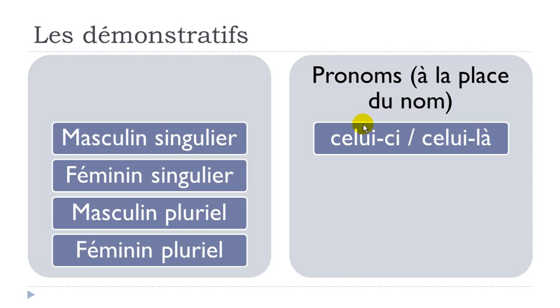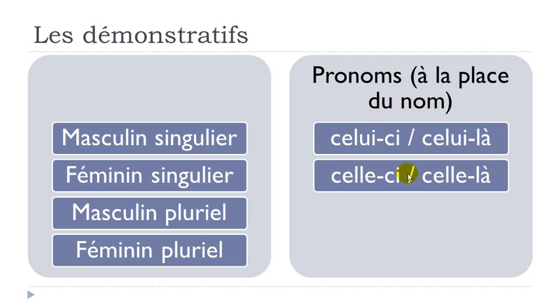Okay. In English, it's easier. In French, it's a bit more tricky, because we will have this celui, okay? And then ci and là. So you'll see that normally ci is coming first, and then là is coming next, okay? Celui-ci, celui-là, this one, all right? Same thing with the feminine form. Celle-ci, celle-là, all right?